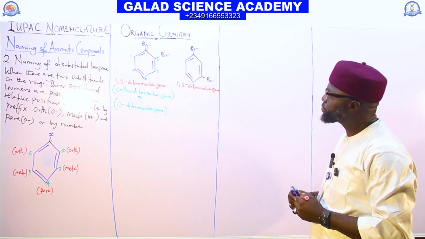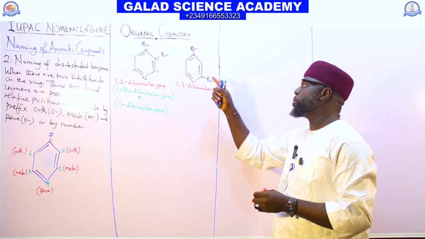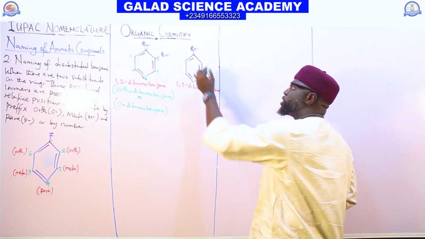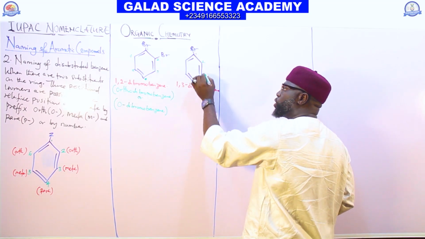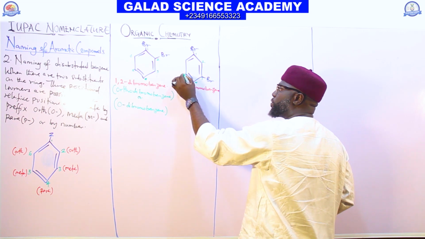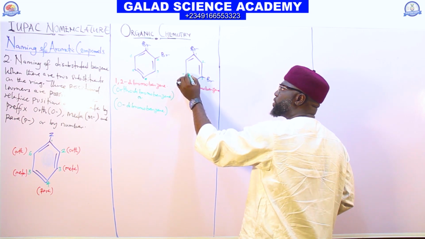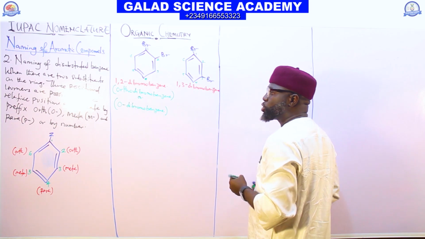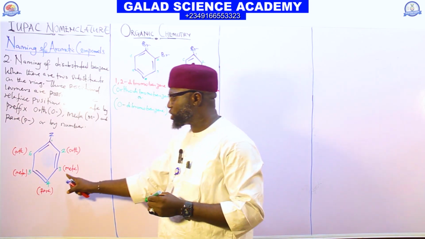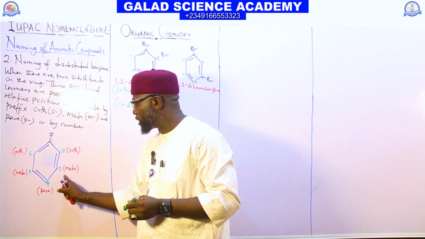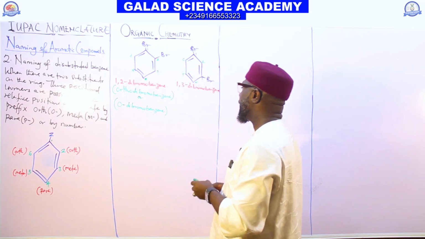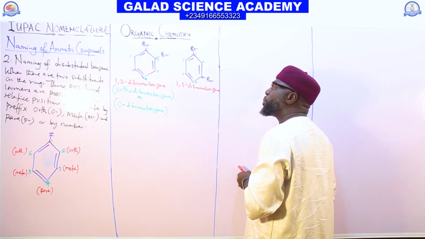No be so? 1,3-dibromobenzene, because this is 1, 2, 3, 4, 5, 6. So whenever the second substituent is attached to the 3, we call it meta.